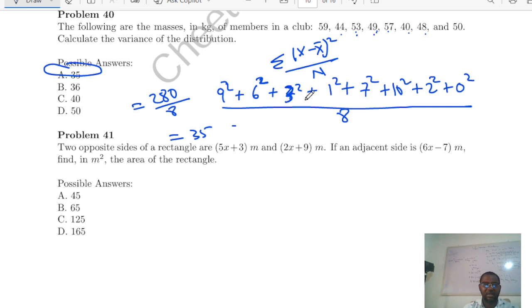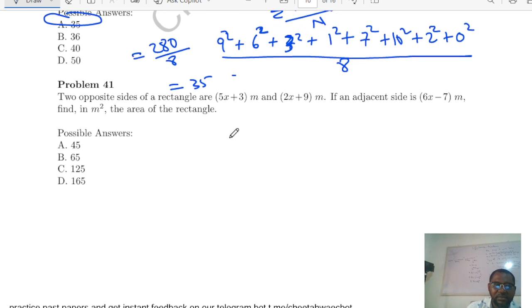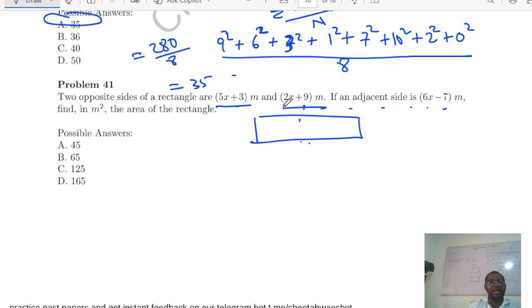That's the point. Okay, this one says the two opposite sides of a rectangle are this and this. If the adjacent side is this, find the area of the rectangle. Since these two sides are opposite sides of a rectangle, opposite sides of a rectangle are equal.